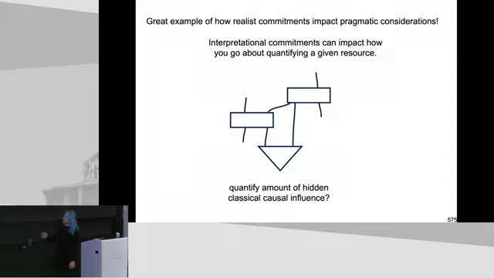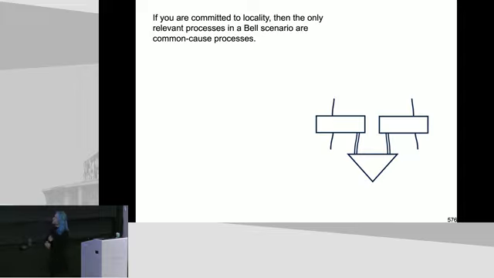If you believe in superluminal causal influences, it's usually because you want to imagine that all the systems involved are classical. So this would be a very different kind of resource theory. Whereas in contrast, if you're committed to locality, so you really think that the causal structure has to somehow be a common cause, then you believe that the only relevant processes in such an experiment are common cause processes.